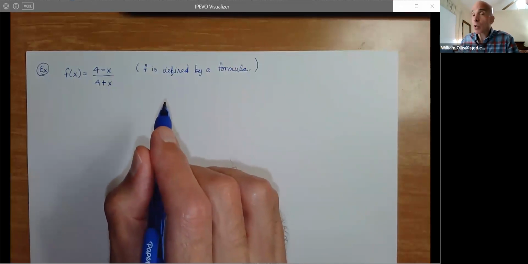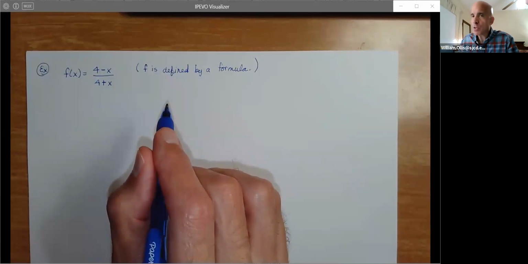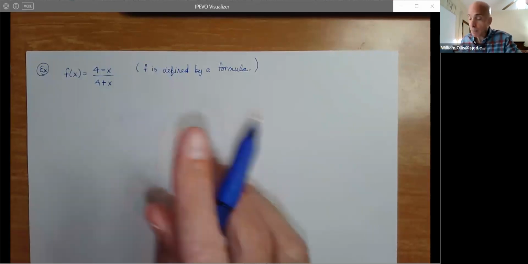The range may require techniques of calculus. That is, you may not be able to say, well, the actual set of outputs is this. You may have to use some optimization techniques in calculus. So if I ask you for a range, it'll be something that you will be familiar with, and the technique will be available to you to actually compute it.